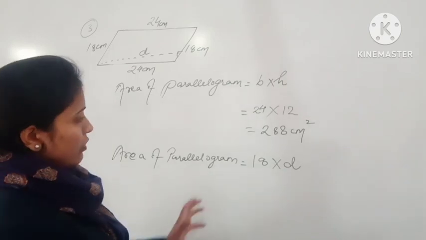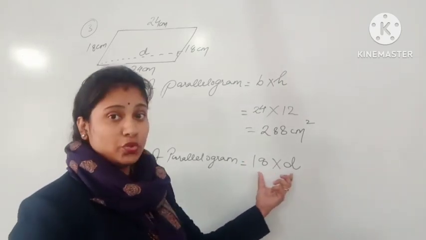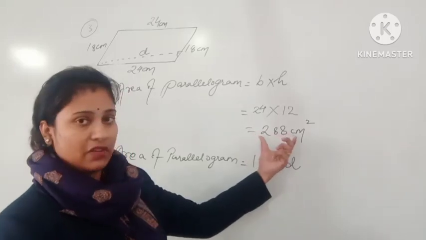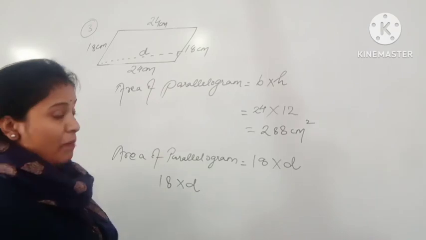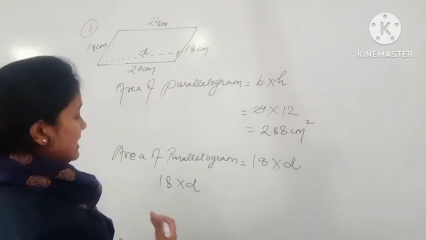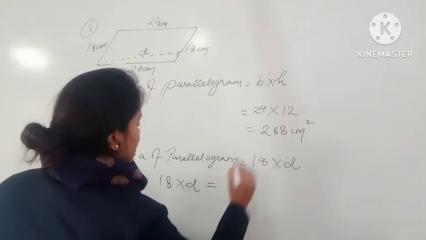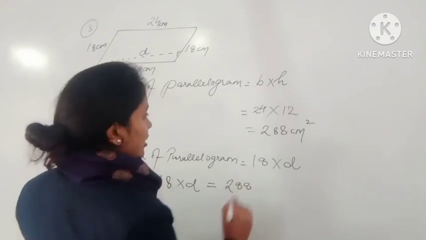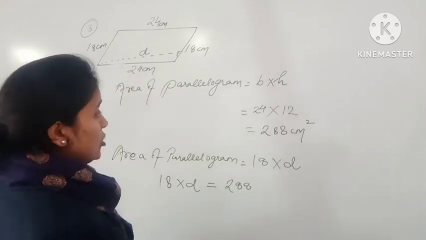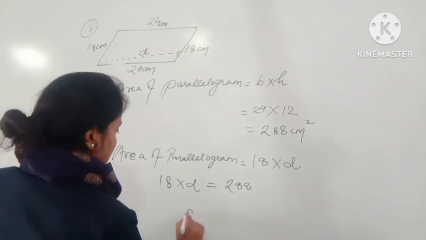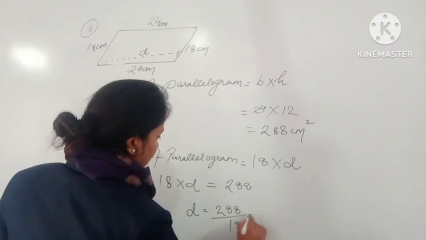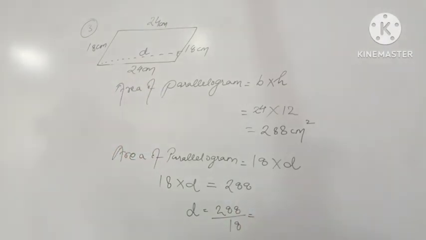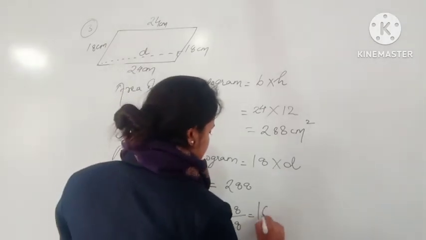Therefore, 18 into D, the area by considering the base as 18, will be the same as the area which we calculated by considering the base as 24. Now from here we can easily find the value of D, that means 288 divided by 18. And this will give you the value as 16 centimeter.